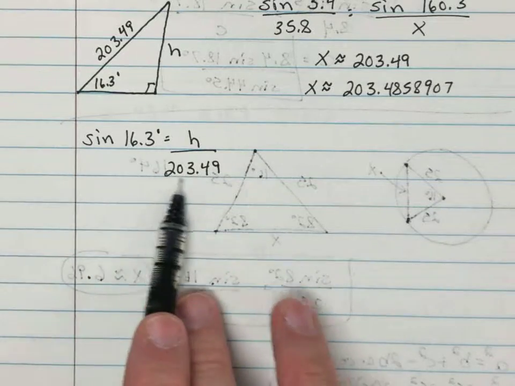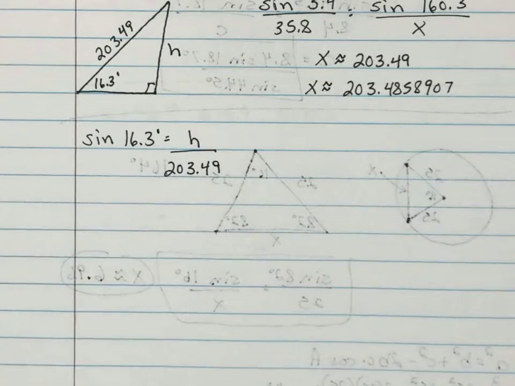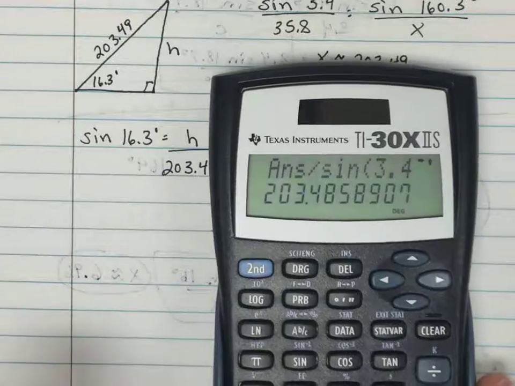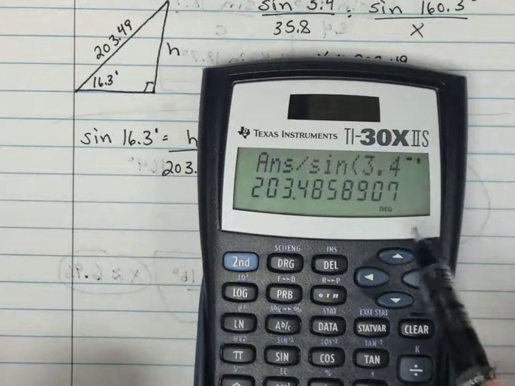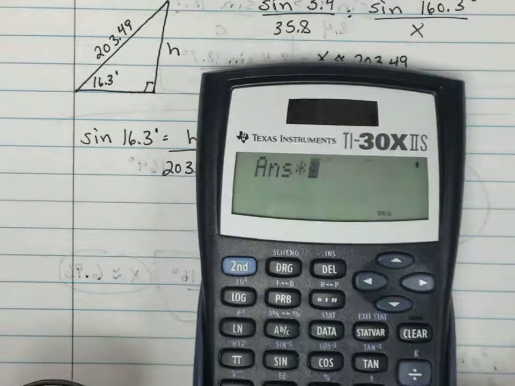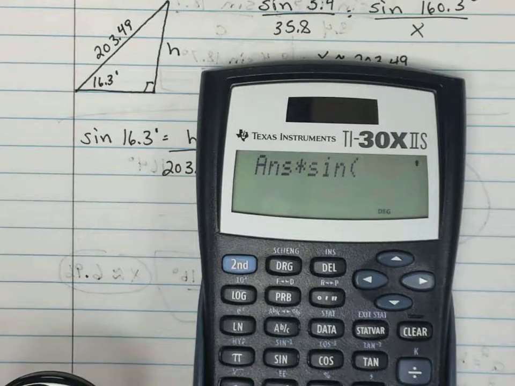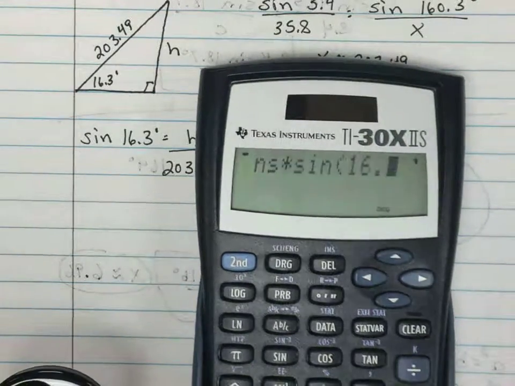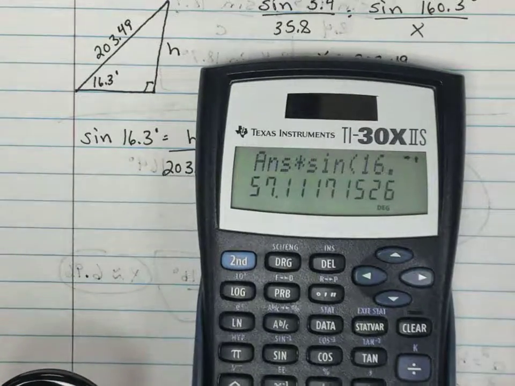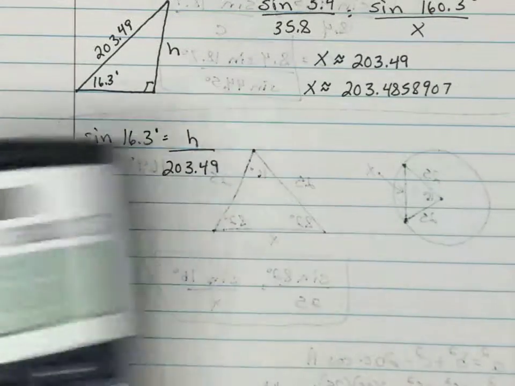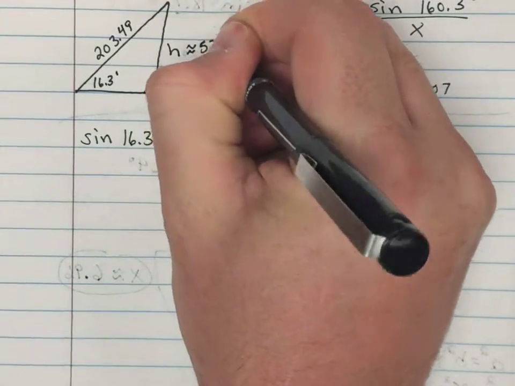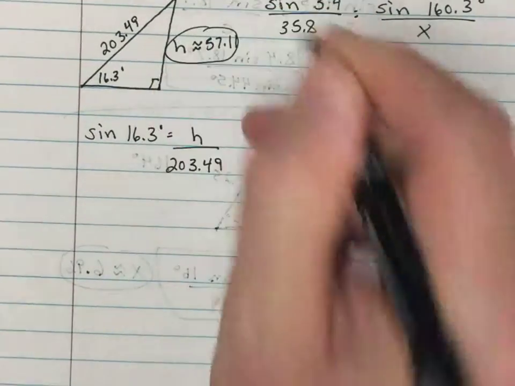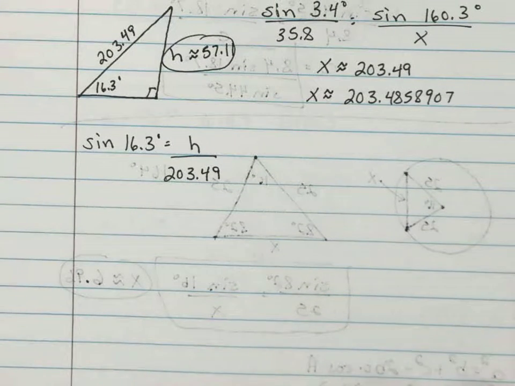Multiply sine of 16.3 by that 203.49, which luckily I still have the exact on my calculator. Don't ever clear it if at all possible. So I've just got to take this answer and do times the sine of 16.3. Make sure you're in degree mode, and you get right at 57.11. So the height is right at 57.11. And I believe that was in feet.